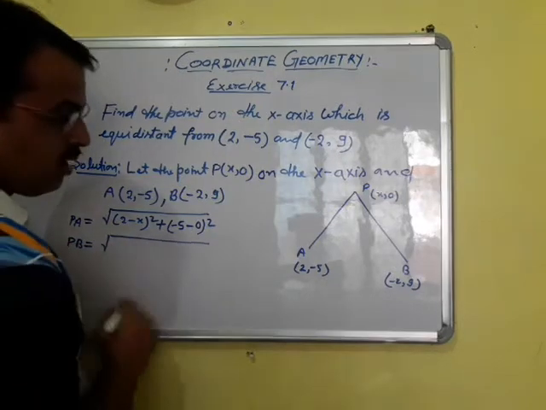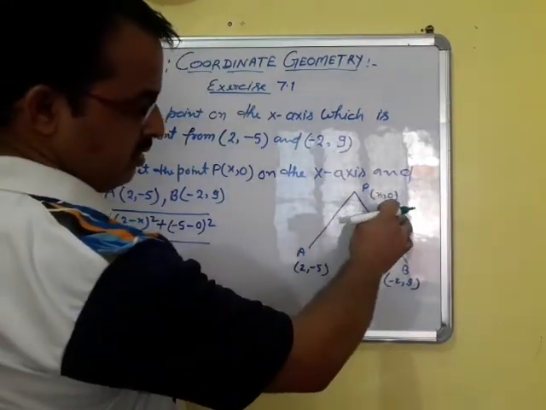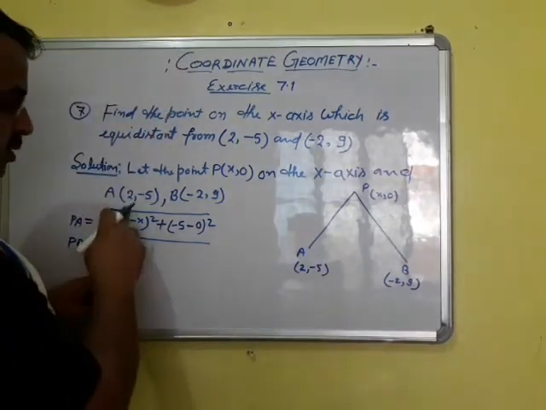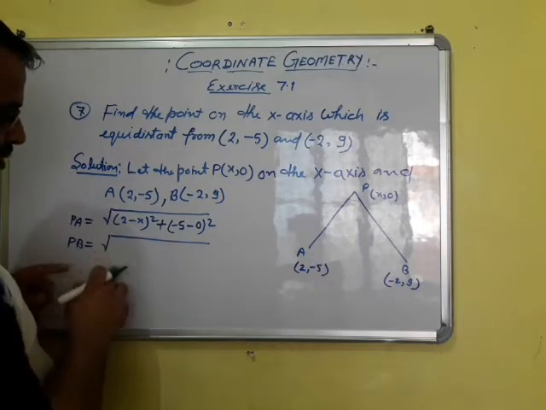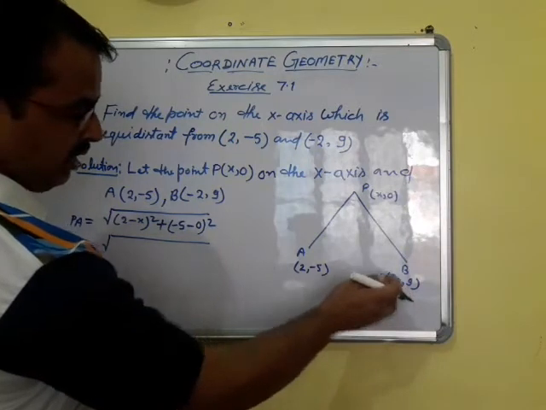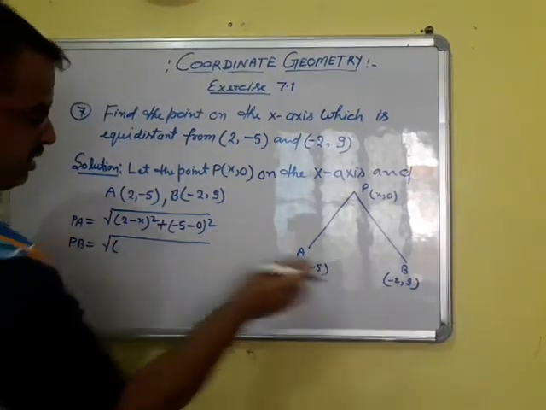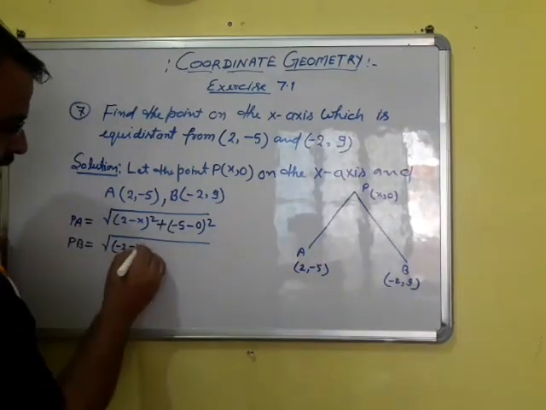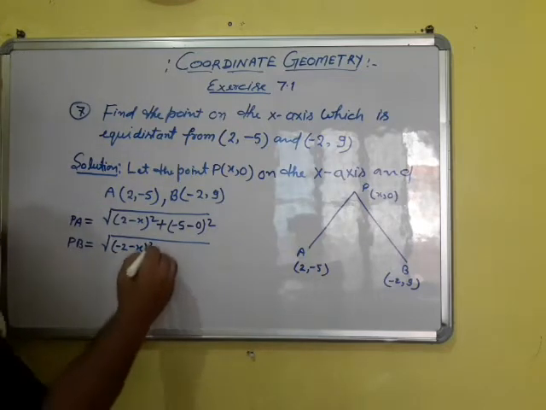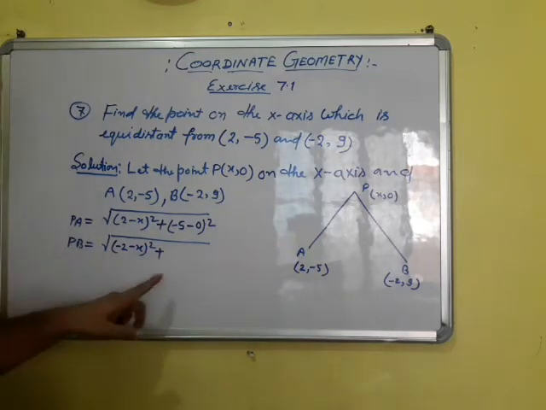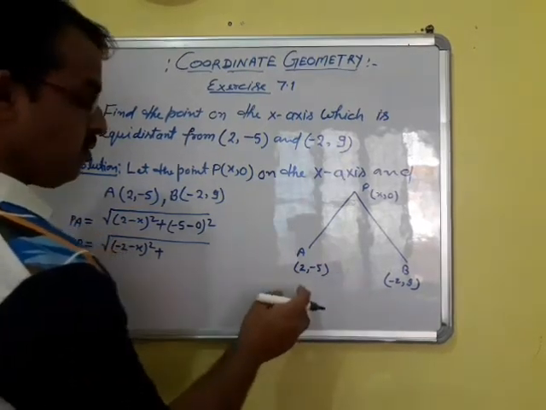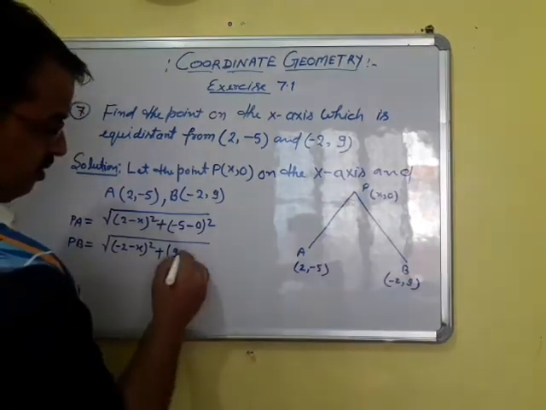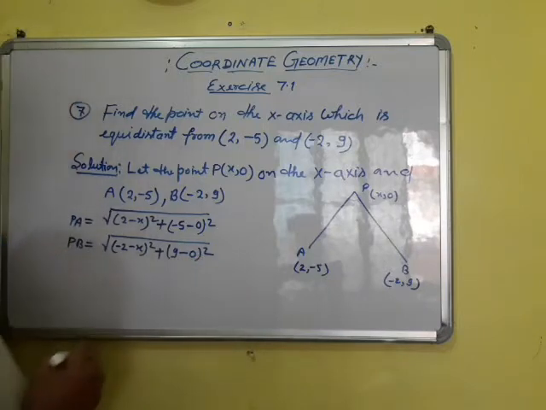And second, we find PB. In PB, with points P(x1, y1) and B(x2, y2), we use the distance formula. Everyone knows (x2 minus x1) whole square, where x2 is -2 and x1 is x, so (-2 minus x) whole square, plus (y2 minus y1), that is 9 minus 0, whole square.